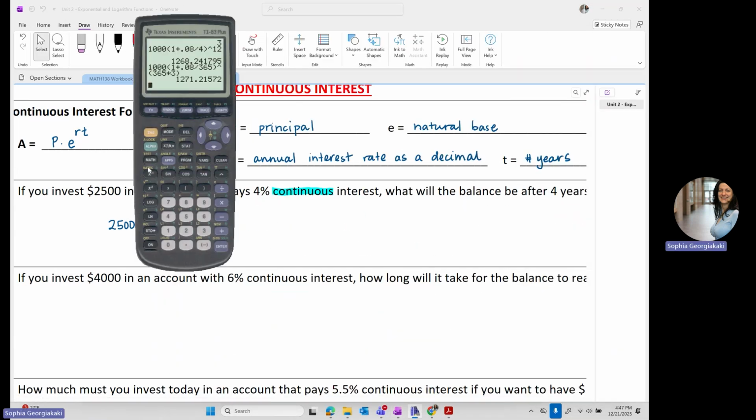So in my calculator, 2,500 E to the 0.04 times 4. The answer will be 2,933 and 78 cents.